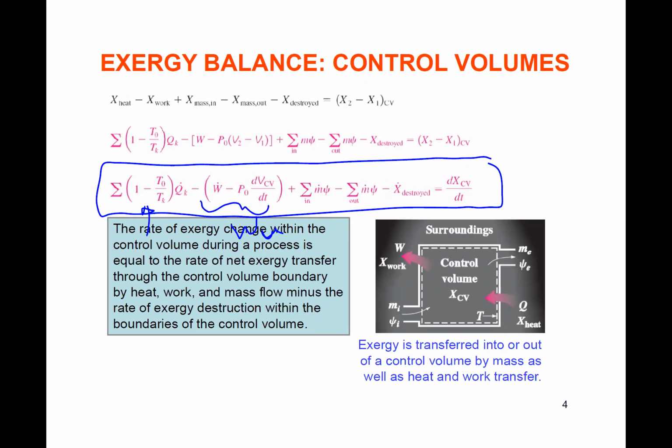We have exergy being carried in, out, anything that's destroyed, and then our change in exergy of our system. And then X destroyed is our T naught S gen. Well, this one is the rate.